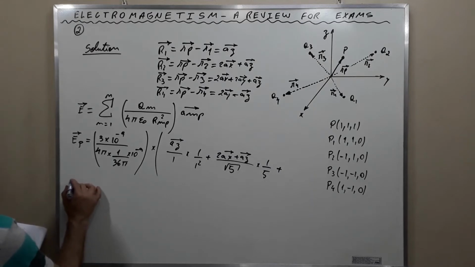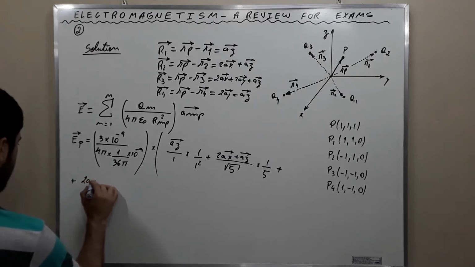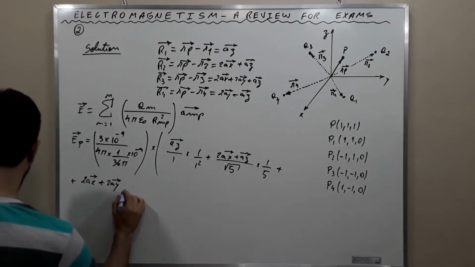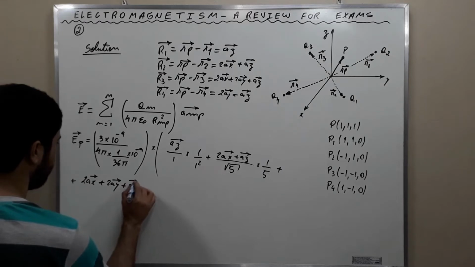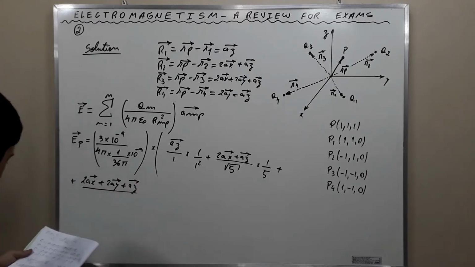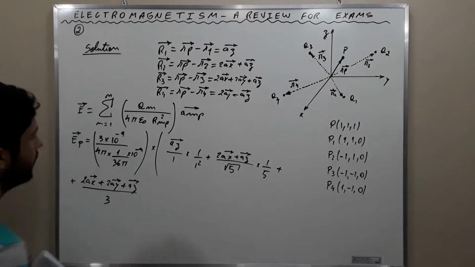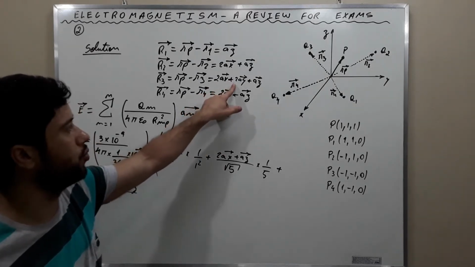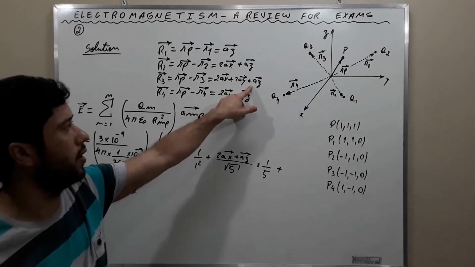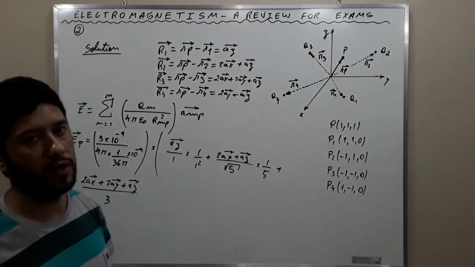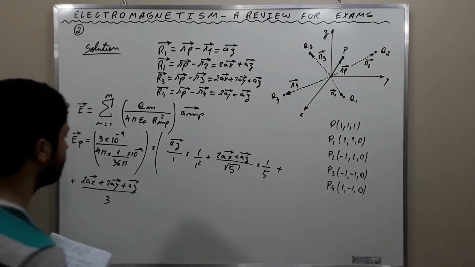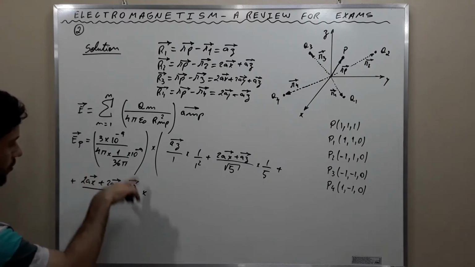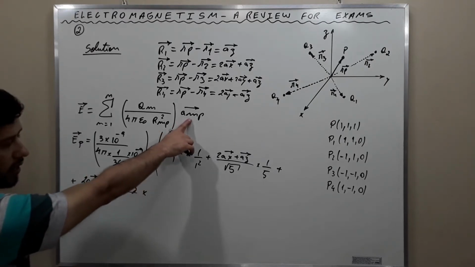For R3, 2ax plus 2ay plus az. The magnitude is going to be 3. It is going to be the square root of 2 squared plus 2 squared plus 1 squared. It is then the square root of 9, which is 3. This is the unit vector, this guy here.